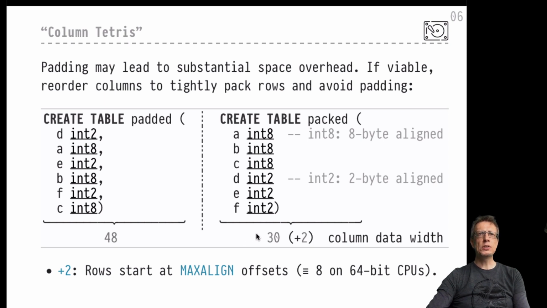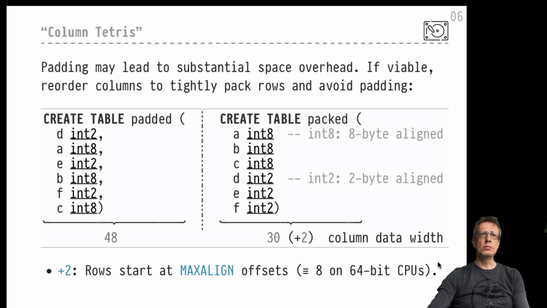Actually, it's a bit more, it's 32 bytes, because there's some internal requirement by PostgreSQL that a row may only start at offsets that are divisible by 8. 30 is not divisible by 8 without remainder. 32 is, so we lose some space here, but 32 still is way better than 48 bytes for the same information.